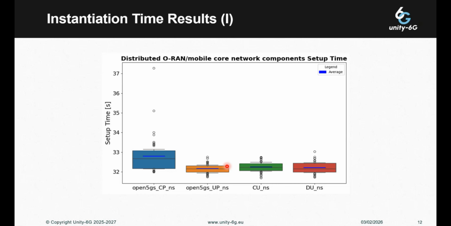It takes around 30 seconds on average to perform the instantiation of one artifact. For the control plane, there is more variability because there are multiple pods involved, and depending on the order of starting, they need to perform some restarting to check the dependencies.